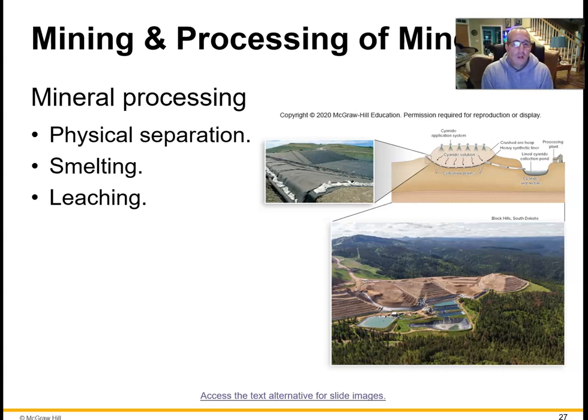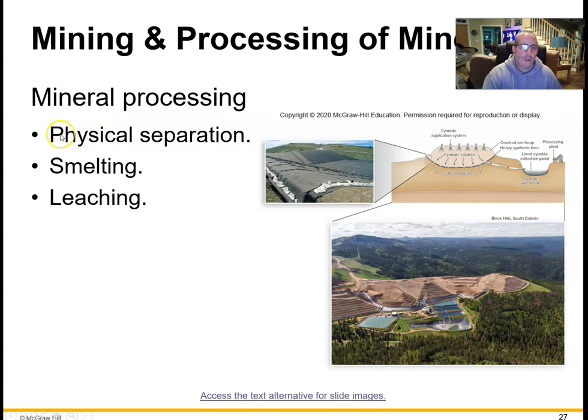So there's ways that you have to extract that mineral from the other minerals around it or encasing it, or that it's contained in, whatever the case. Those are physical separation, and you can use physical separation for our non-metal minerals such as rock, sand, gravel, all that stuff.